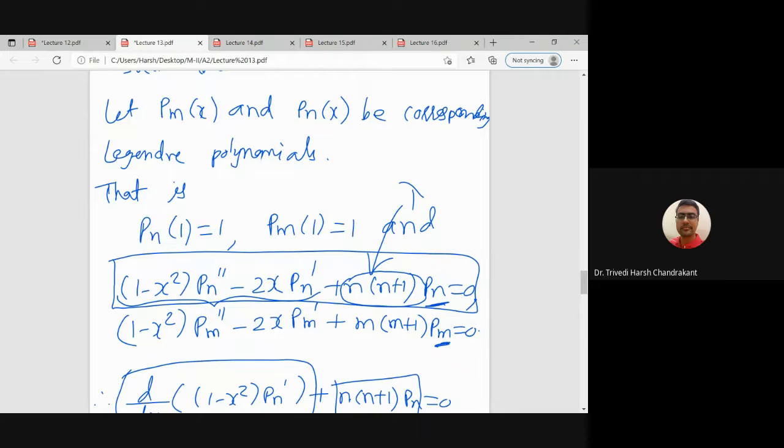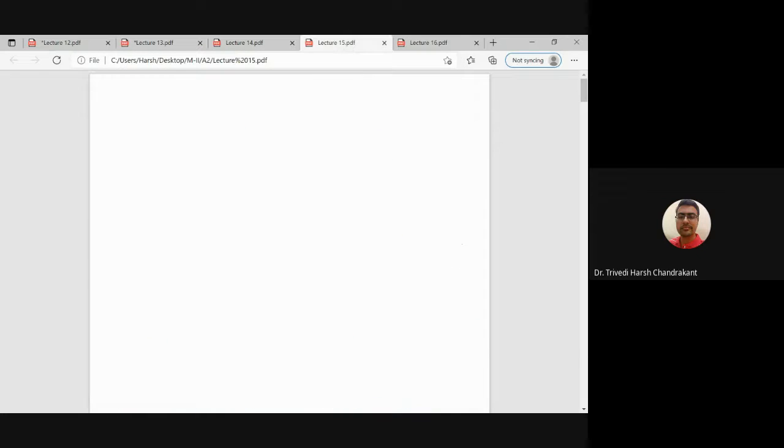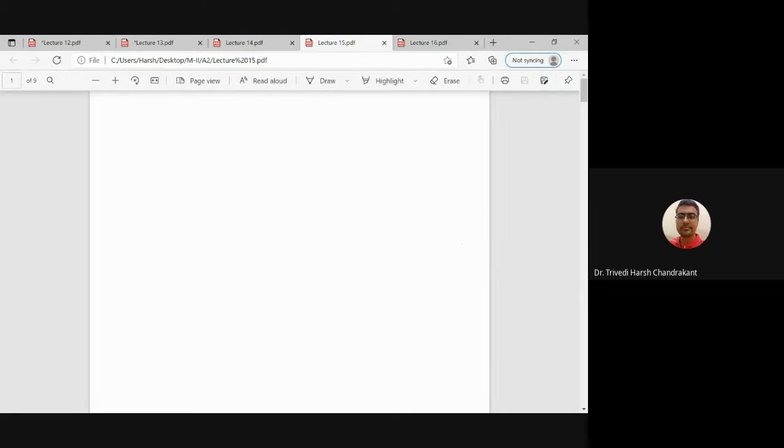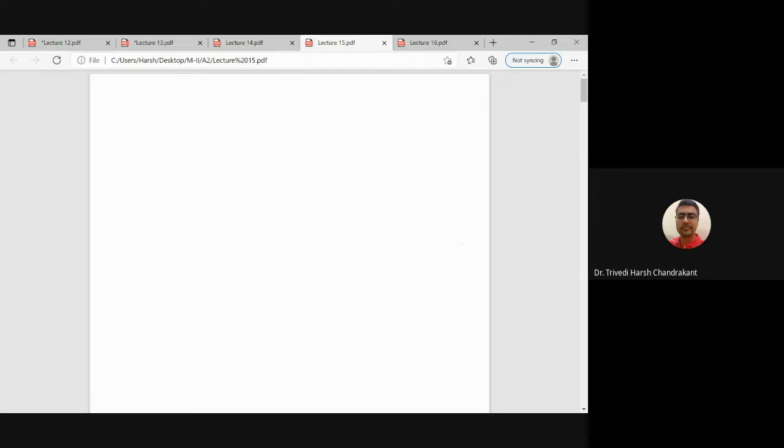So these functions are non-zero functions. In particular, they are non-zero polynomials, and they are orthogonal. So this property we want to discuss for a slightly more general differential equation, which is known as Sturm-Liouville problems.